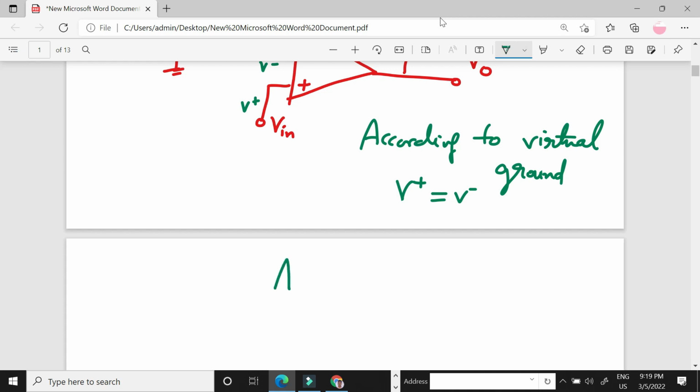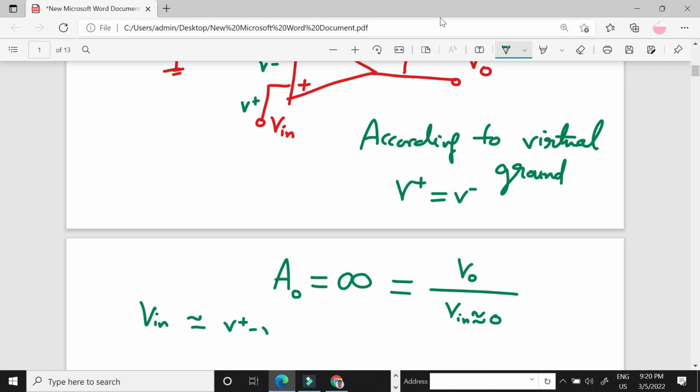As we know, the open loop gain of the op-amp must be infinite. And how does it come? The output is finite, so the input voltage must be 0, and here the input is V positive minus V negative.